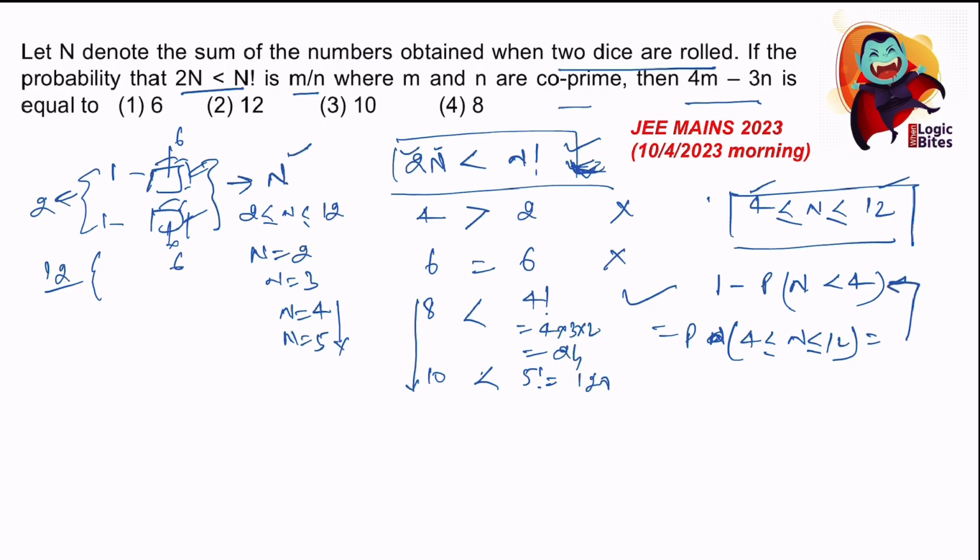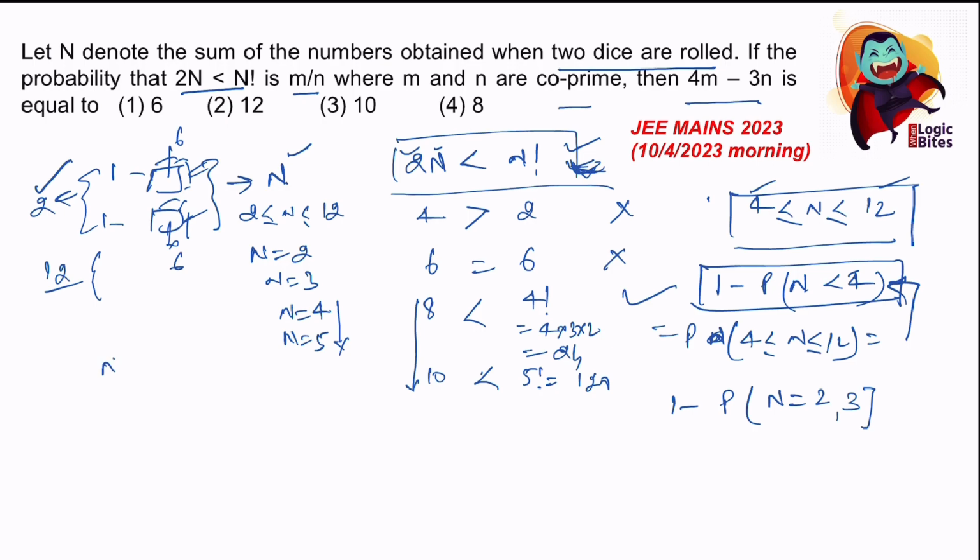So we are trying to find 1 minus p, where n can take the minimum value 2, so 2 or 3, it should be less than 4. So only 2 and 3 are left. We will see each of these cases one by one.